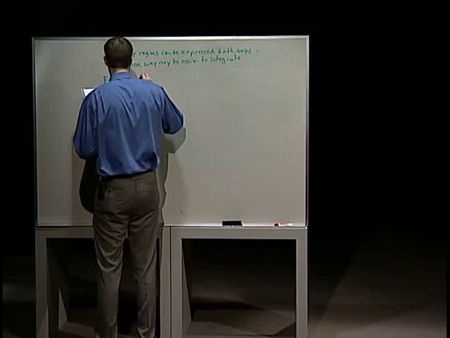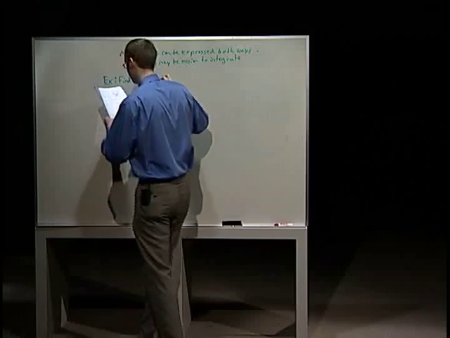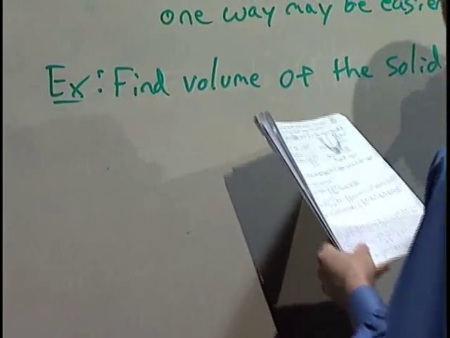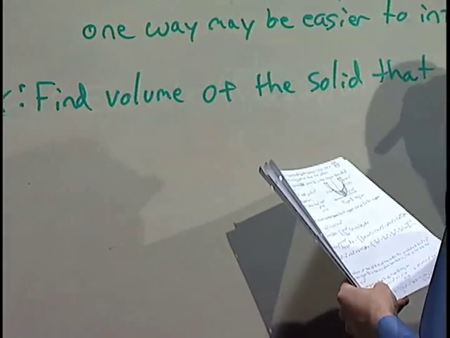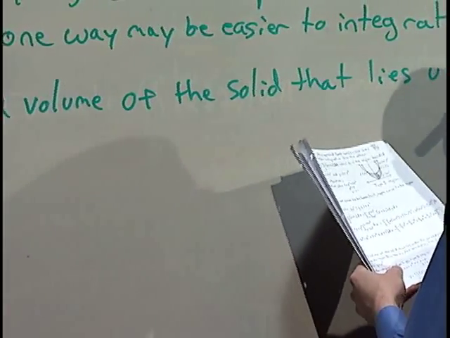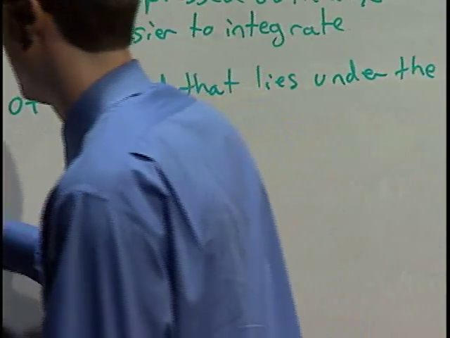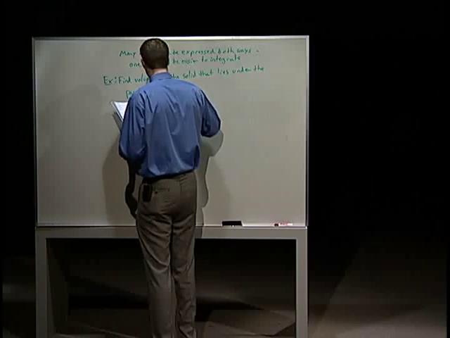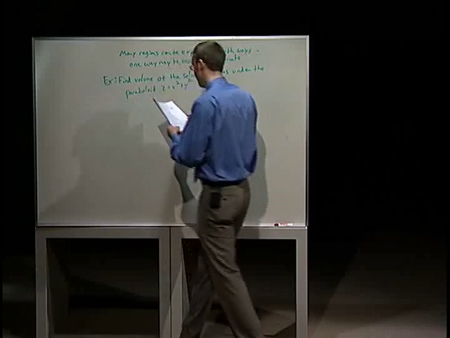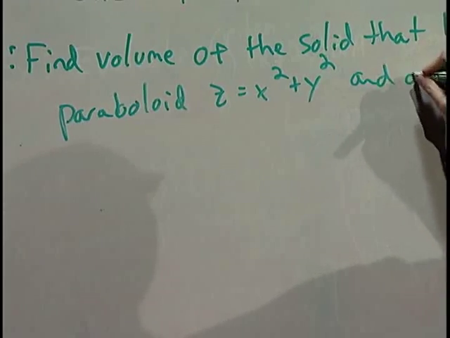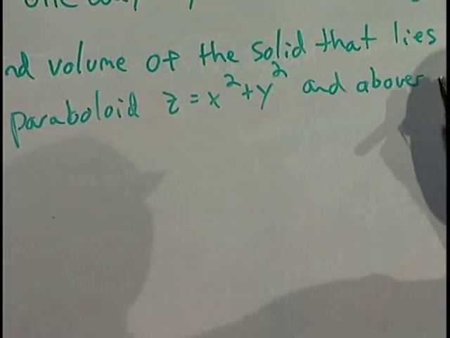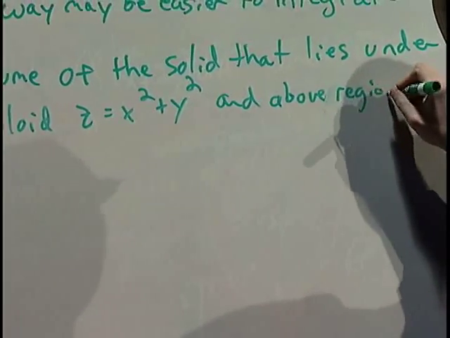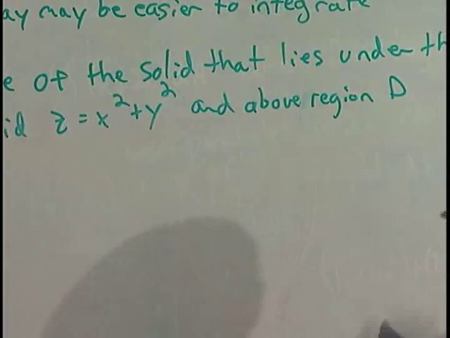We talked about how volume is related to integrals, or double integrals, last time. So let's find the volume of the solid that lies under the paraboloid z equals x squared plus y squared, and above the region D. What's our region D here?